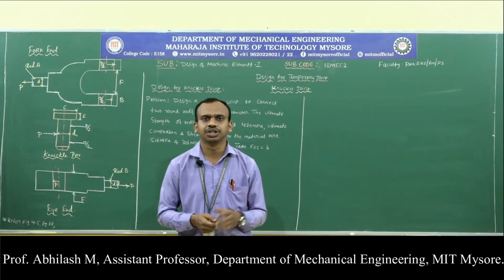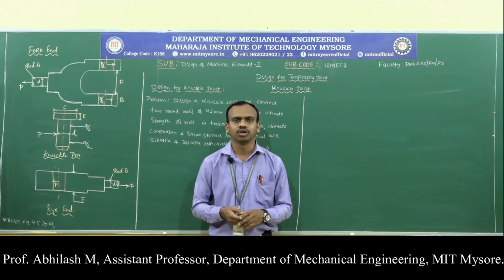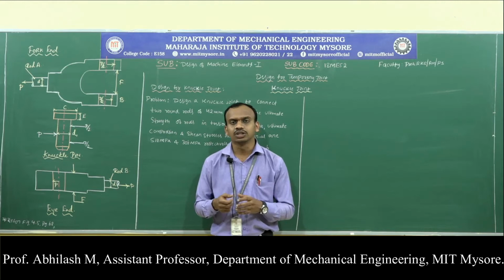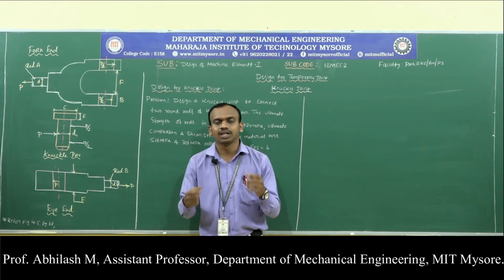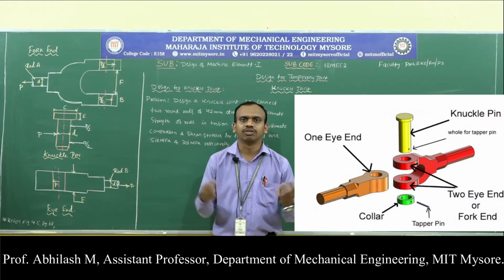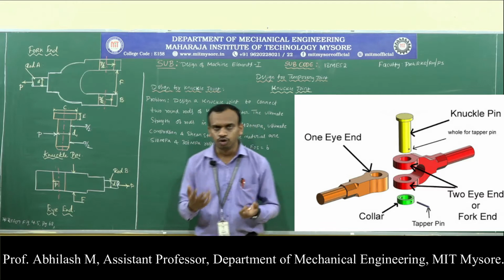Coming to the construction of the knuckle joint, basically it consists of three different parts, where there are no separate parts. The rod that we are supposed to connect itself will become the parts of the knuckle joint. For example, there are two rods.